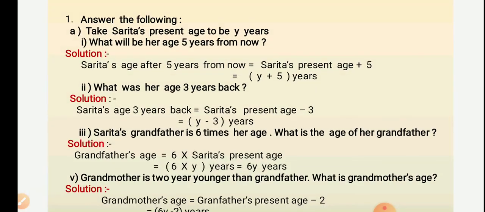Answer the following. From question first, A. Take Sarita's present age to be Y years. What will be her age 5 years from now?